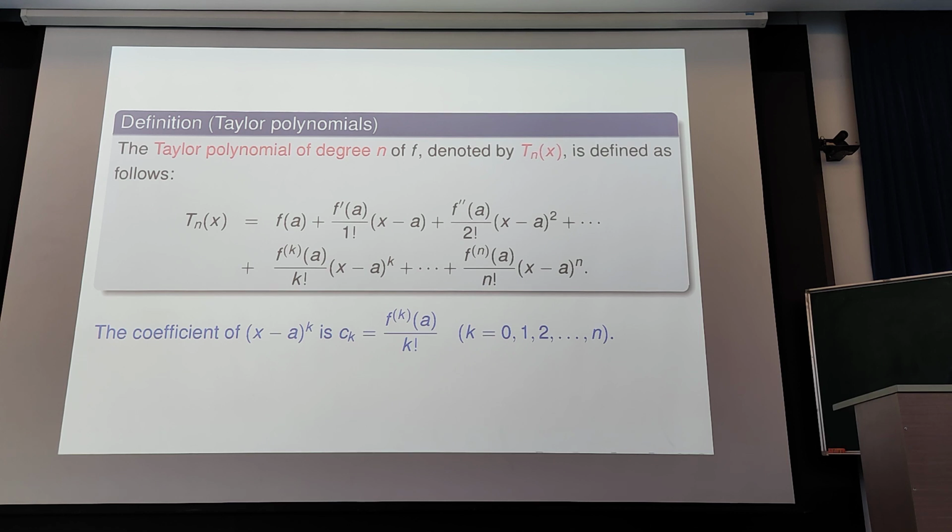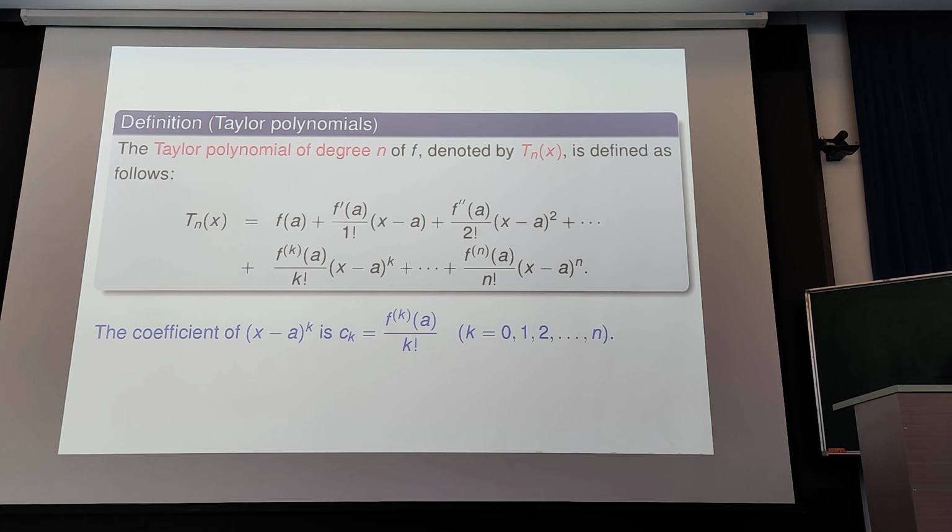And now look at this polynomial. You can see this is the highest order term, right? That means this polynomial has degree n.